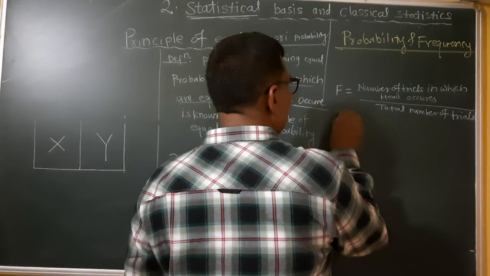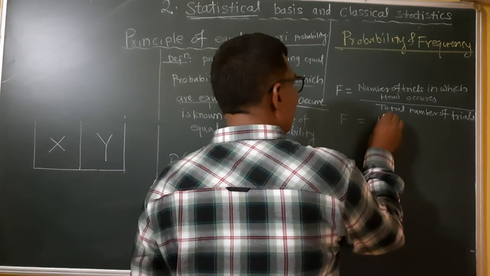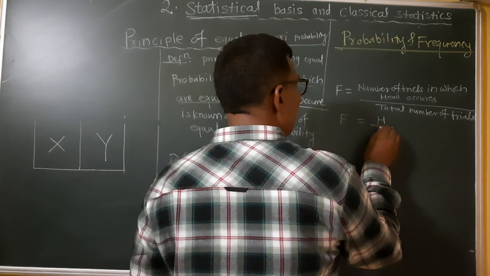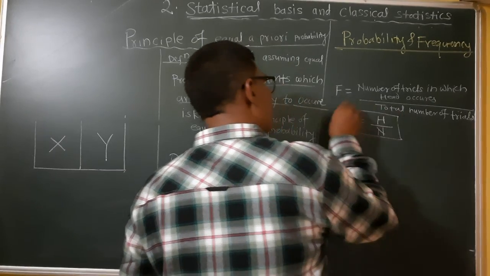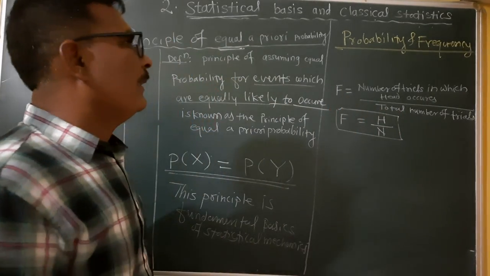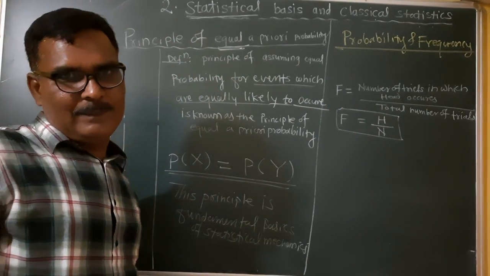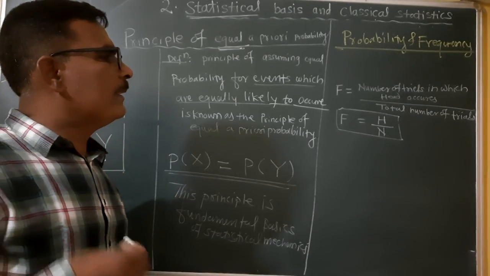That is, F equals H upon N, where head occurs H times and the number of trials is N.